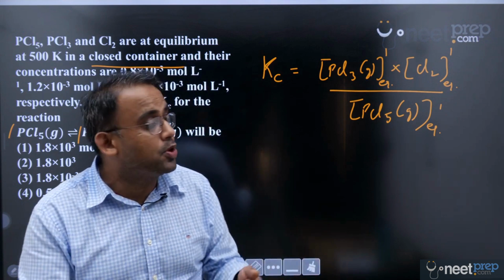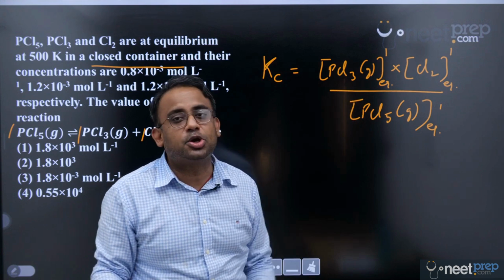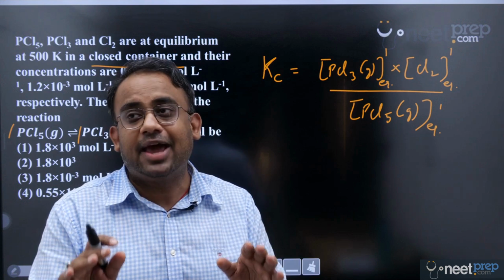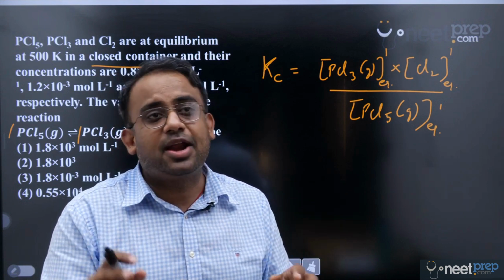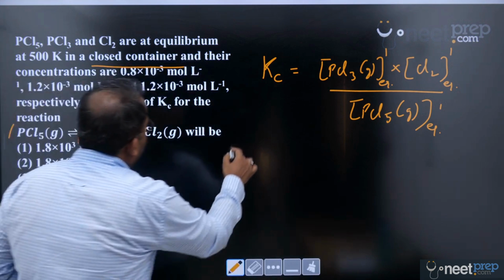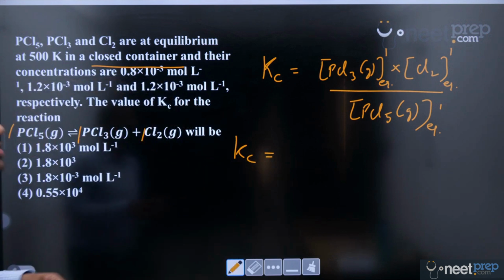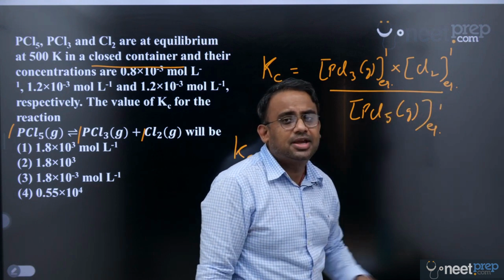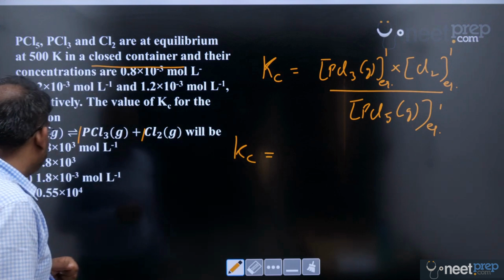But for the equilibrium constant, I need to write the concentrations only at the equilibrium point, when the state is such that the rate of forward reaction equals the rate of backward reaction. So I have been given these values, so there is no need to bother about Qc here, but it's important that this expression requires concentration values only at the equilibrium point.